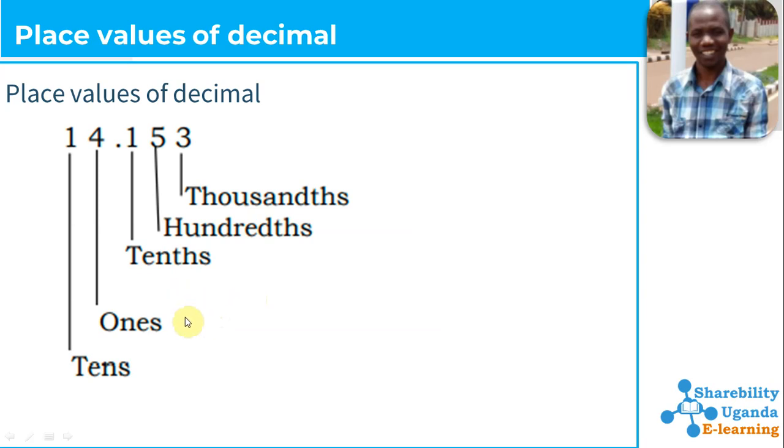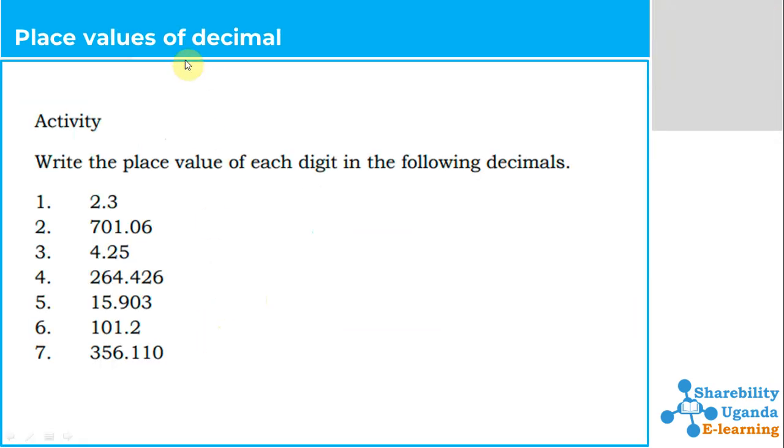So we have our trial here. This is how they always ask. They tell you to write the place value of each digit in the following decimals. So we shall see how we really write these decimals accordingly.